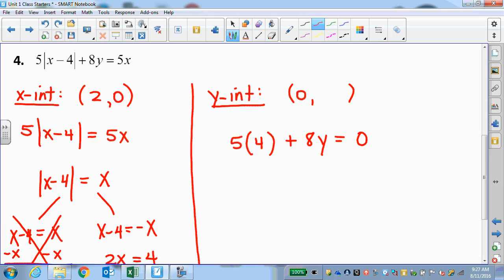So that's just 20 plus 8y equals 0. I'm going to subtract the 20 over. I'm going to divide by 8. So I've got -20 over 8. I think that reduces to -5/2. And so there's our y-intercept, -5/2. Everybody okay there?